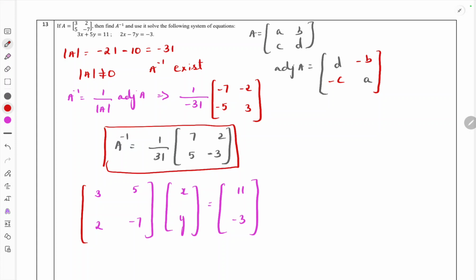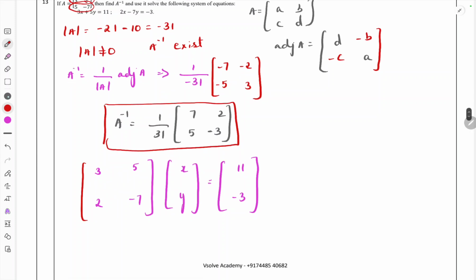Now if we see this 3, 5, 2, minus 7, in matrix A the first row has 3, 2, but here 3, 2 is in the first column. In the second column we have 5 and minus 7 here, which means this matrix is A transpose.